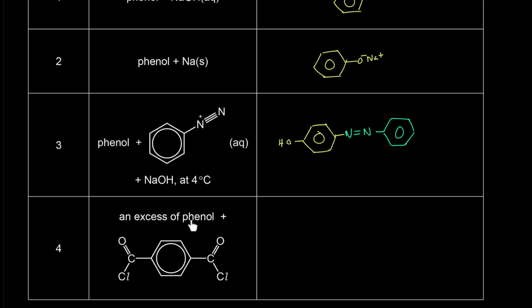First phenol makes the phenoxide ion, then it esterifies with an acyl chloride. So that would be the more accurate conditions. And what we have here is this diester form. You have a C double bond O that forms an ester with this phenol, and you have the C double bond O over here that forms an ester with another phenol.